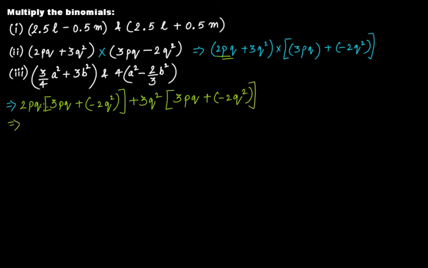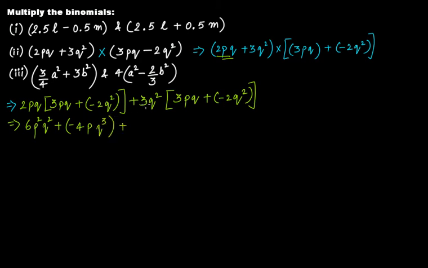Now if you multiply this 2pq with 3pq, 2 multiplied by 3 is 6, p multiplied by p is p squared, q multiplied by q is q squared. Okay, now plus 2 multiplied by minus 2 is 4. You have p here, we don't have any p here. You have q here and you have q squared here, so this is q cubed.